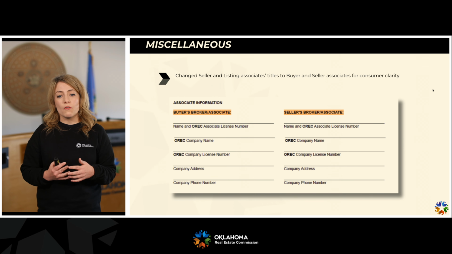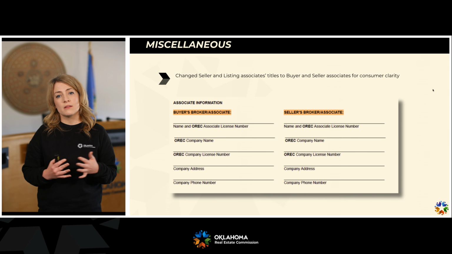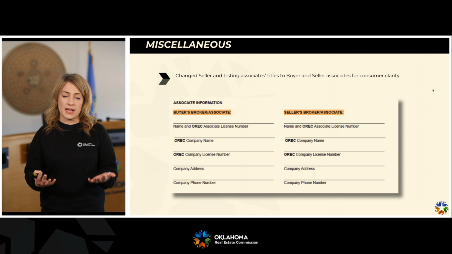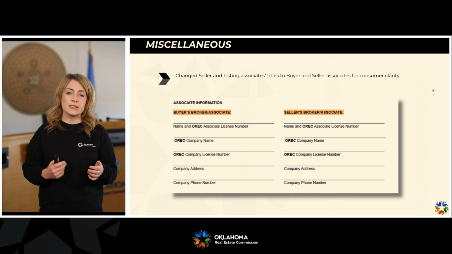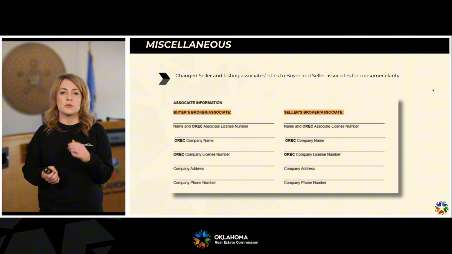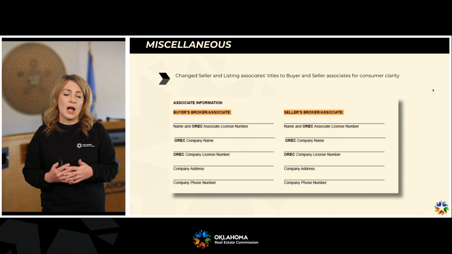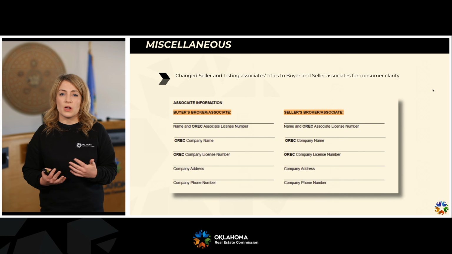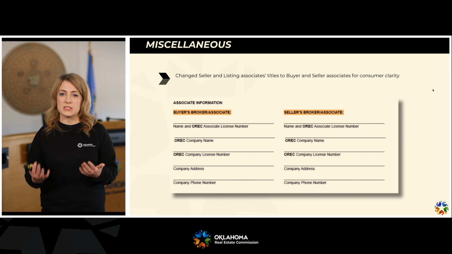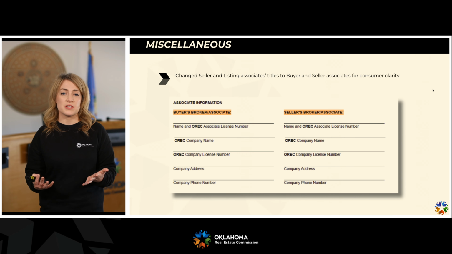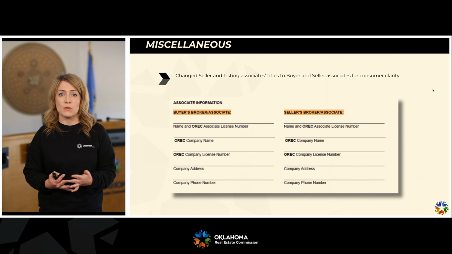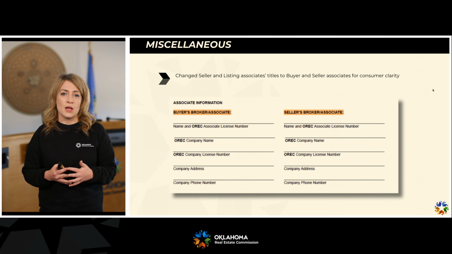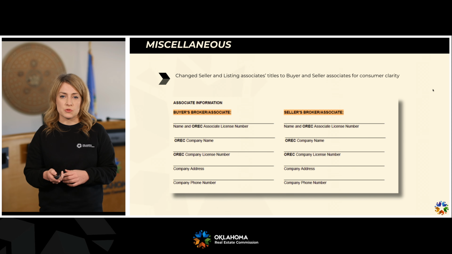Next change on all forms, we are updating the titles for the licensees from selling and listing broker to buyer and seller broker. And this is really just for consumer clarity. A lot of consumers don't understand selling versus listing, but when they hear buyer versus seller, that's very clear to them whose associate is whose and what that information is regarding.